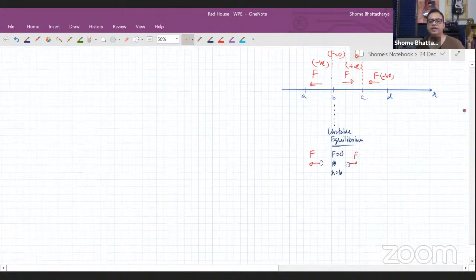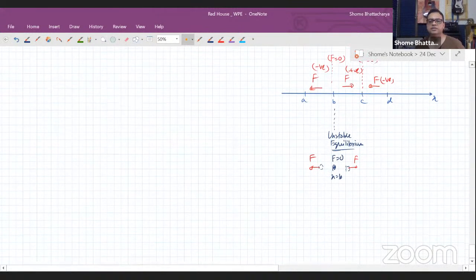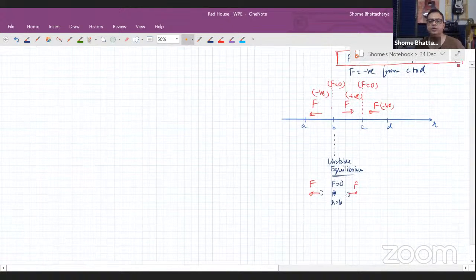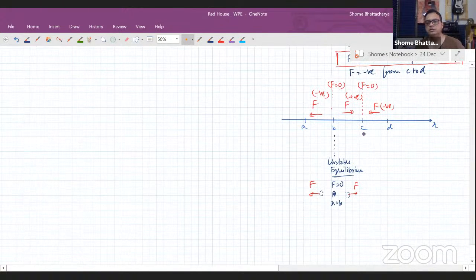Whereas if you see the point x equal to C, now that is a very interesting point. It's a stable equilibrium point. At the point C, what is happening? If you take it to this side of C, or you take it to this side of C, the internal force is pushing it back towards C. So this type of force is called restorative force.